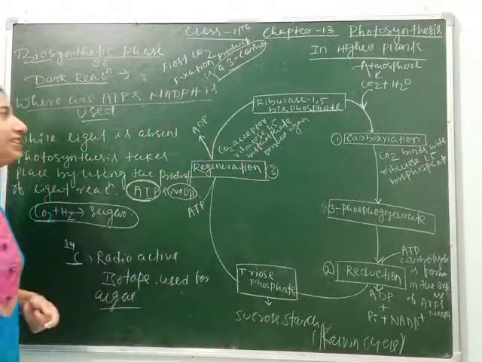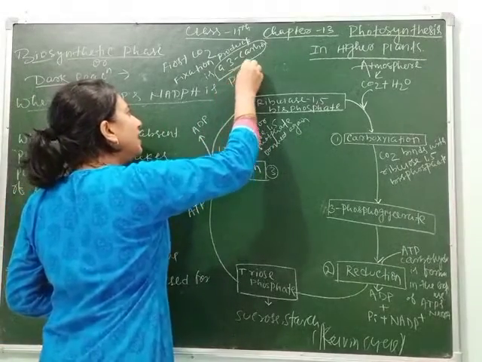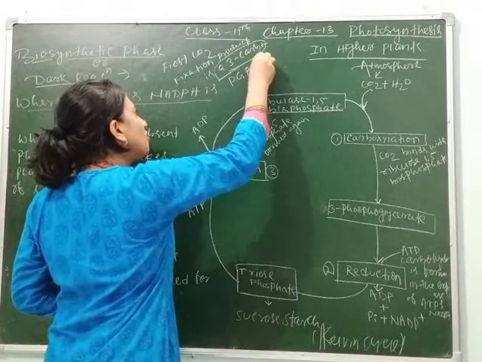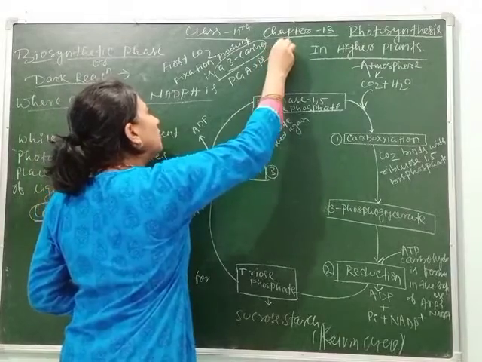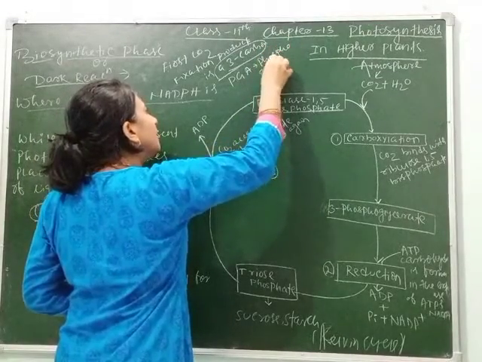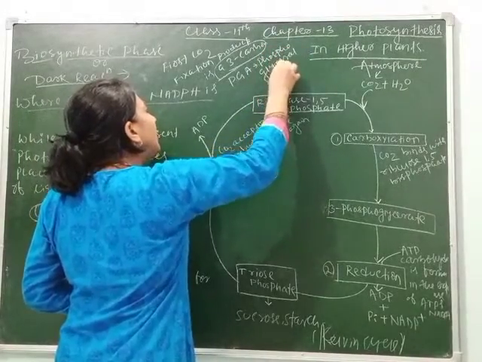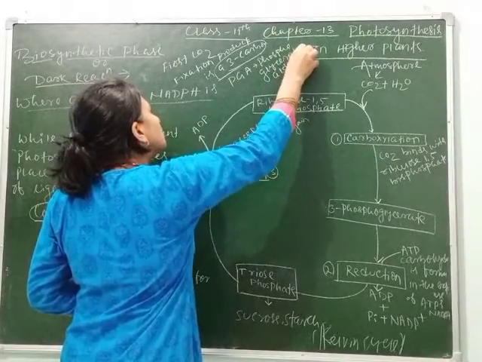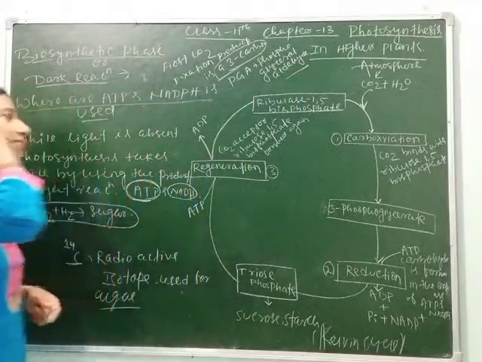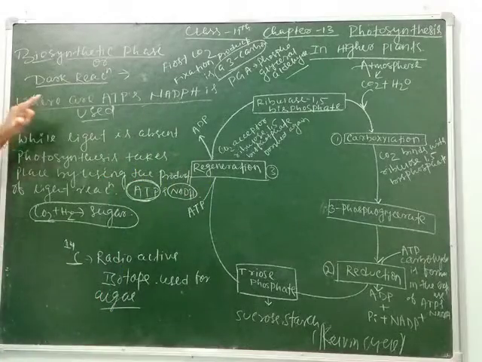Clear? And that is called PGA, which means phosphoglyceraldehyde. It is the first product, and it contains 3 carbons.